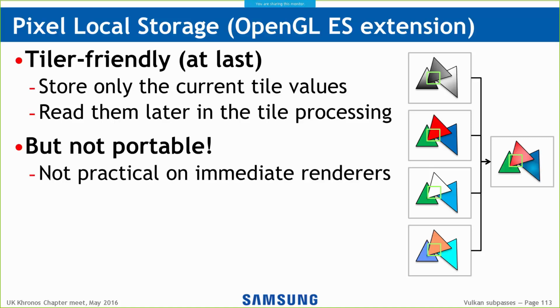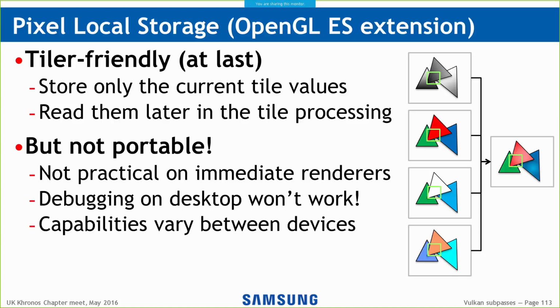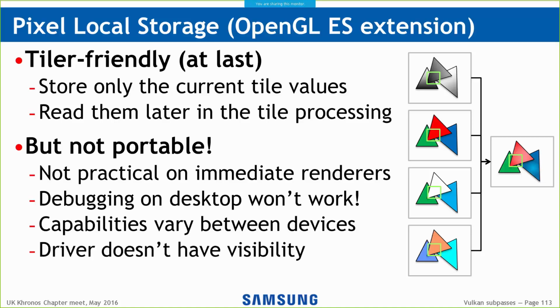It's not very practical on a desktop system, which means that probably if you're doing debugging on a desktop system, it won't work. Exactly how much capabilities there are for pixel local storage is variable, so you need different fallback paths according to how much data you're actually trying to use. And the driver doesn't know what you're doing, so it can't do anything to optimize that part. And there are also some restrictions on exactly how you access that memory. So it's very effective, but it is just an extension, it's not available everywhere.